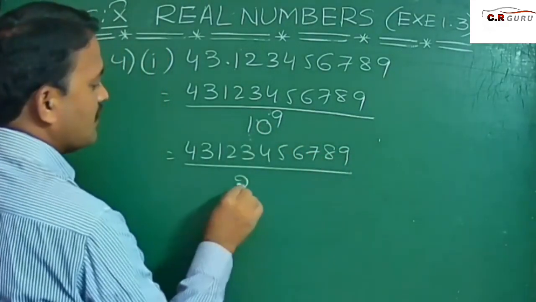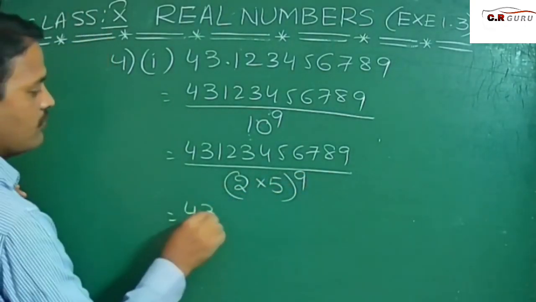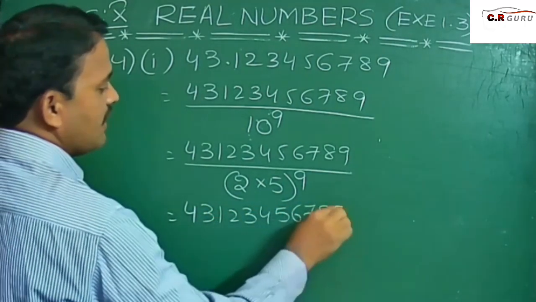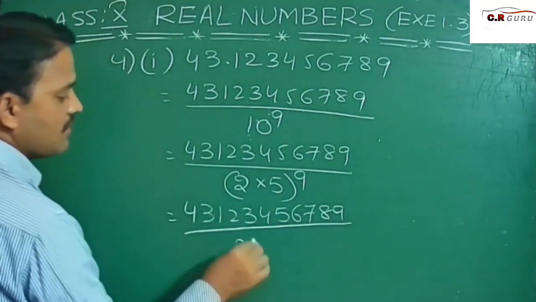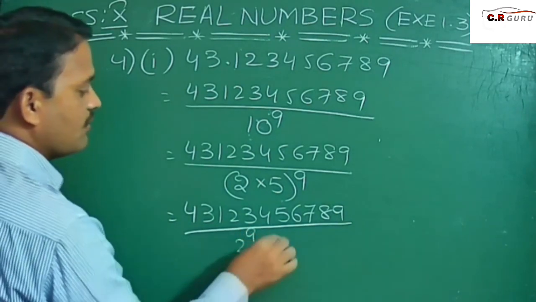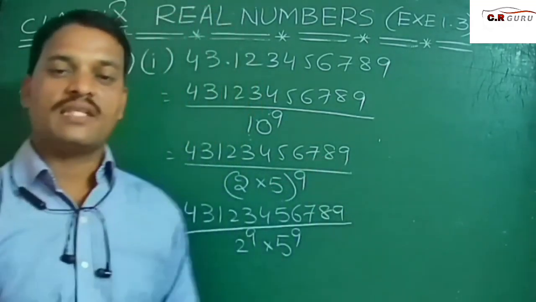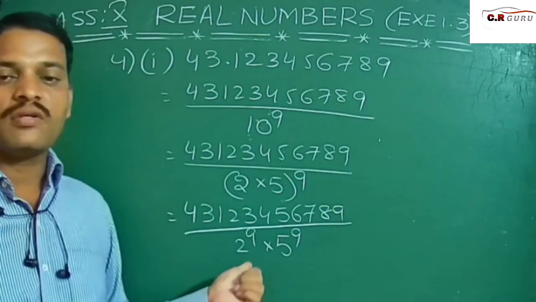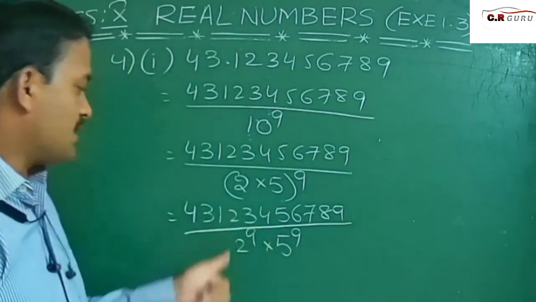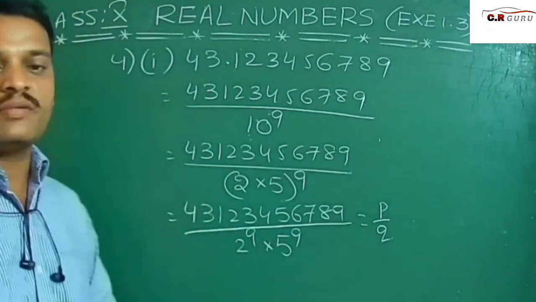This 10 can be written as 2 into 5 whole power of 9, and ab whole power of m equals a power of m into b power of m, so 2 power of 9 into 5 power of 9. As per theorem 1.4, the denominator is in the form of 2 power of n into 5 power of m, so yes, it is a terminating decimal and it is in p by q form.